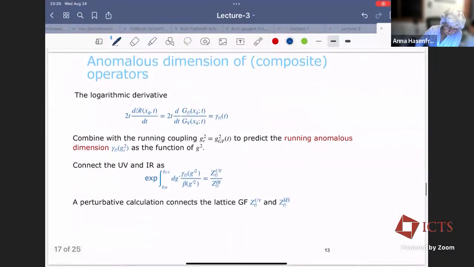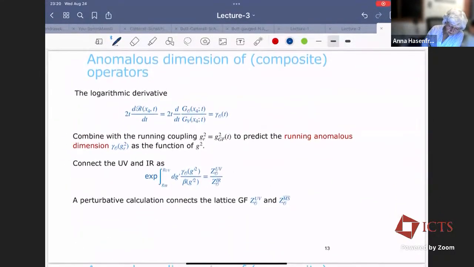So I wrote it down one more time. If I now take the logarithmic derivative of this ratio, that will predict gamma O at flow time t, and that was our goal at the get-go. If I want to turn it into a matching factor, Z factor calculation, we have to do something very similar.